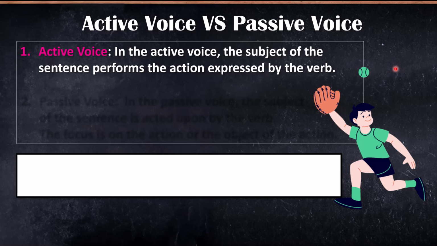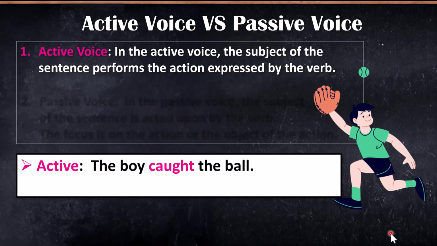In the active voice, the subject of the sentence performs the action expressed by the verb. For example, the boy caught the ball. The boy is the subject and he is performing the action.